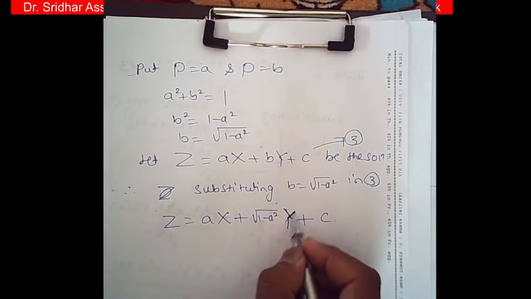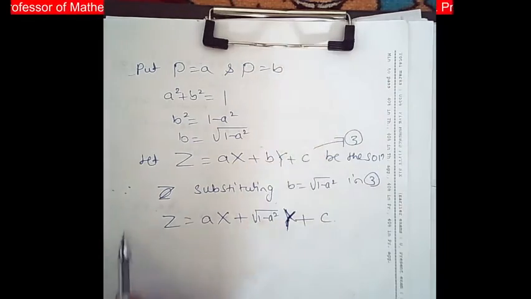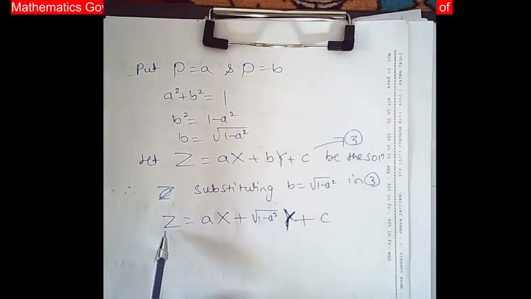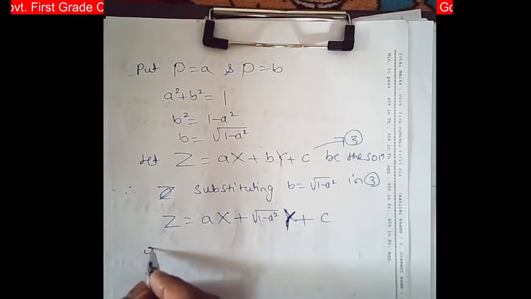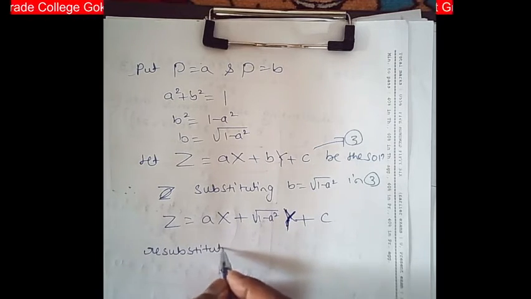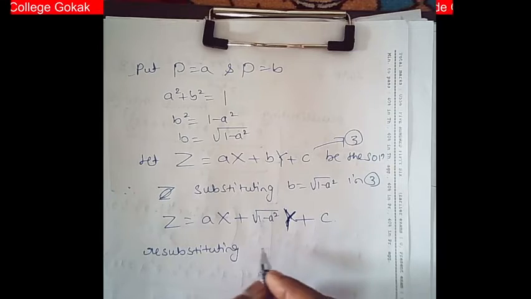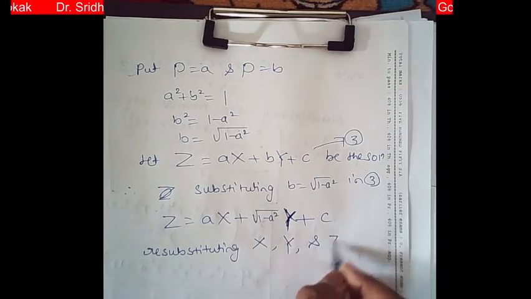So after getting the answer, this answer is in the form of capital X, capital Y and capital Z. Actually the answer should be in the form of small x, small y and small z. So now we convert, resubstituting x, y and capital Z.